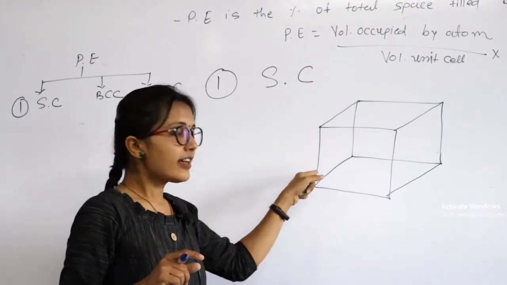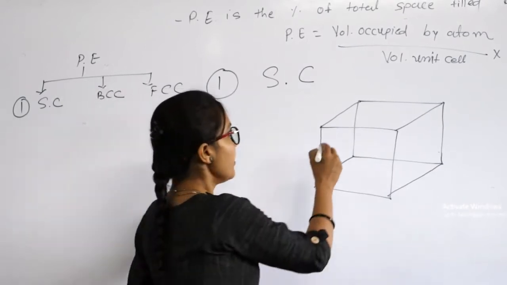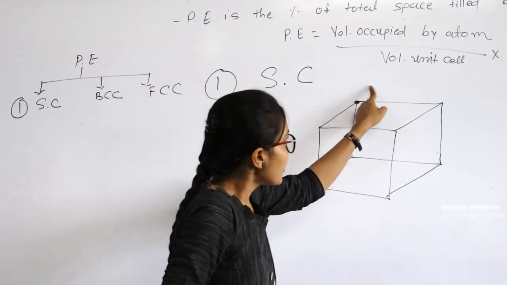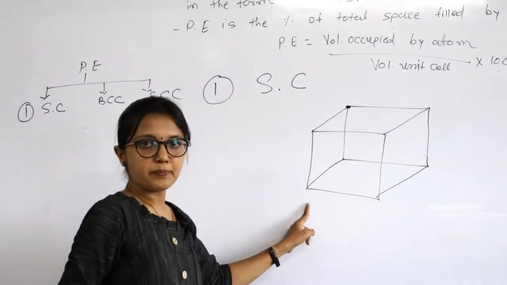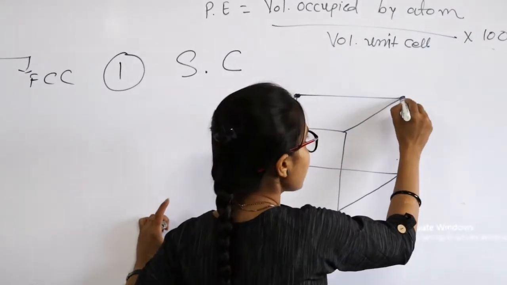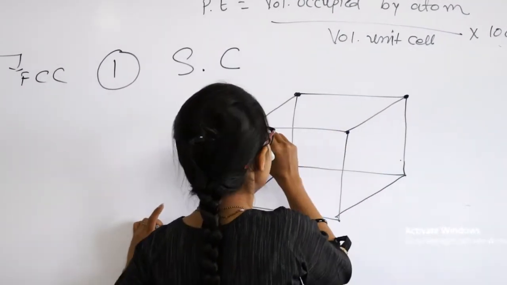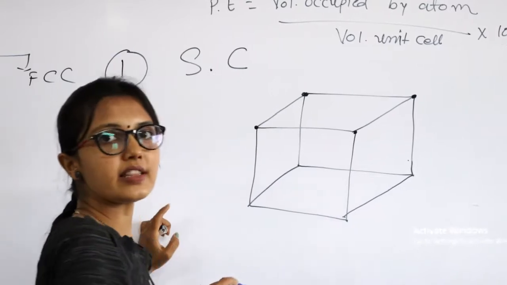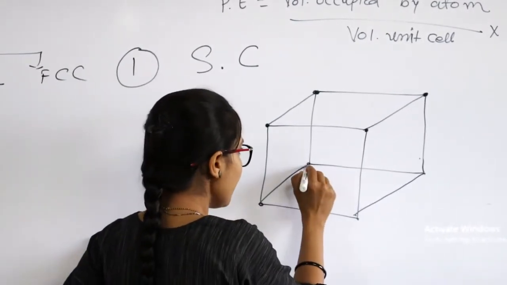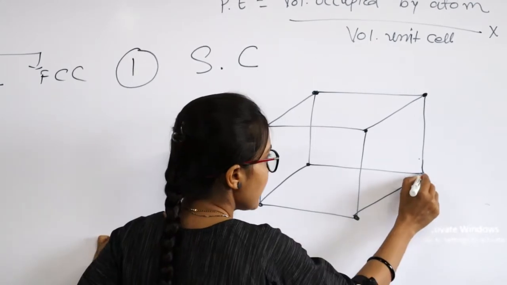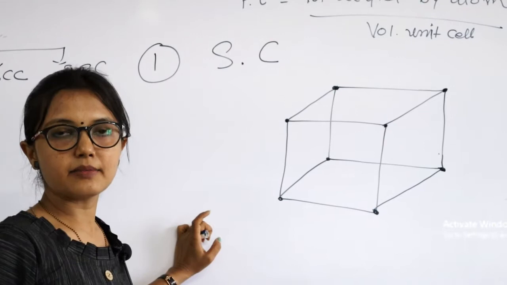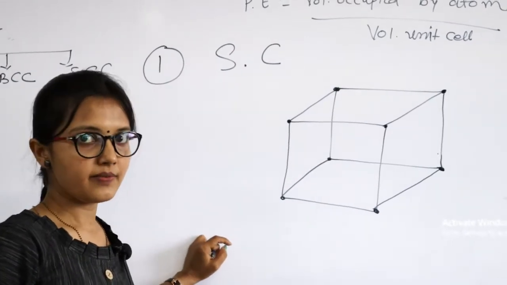There are a total of 8 corners present. Here there are 8 corners in total, and each corner is attached with an atom or particle, and that's why this dot indicates a total of 8 atoms attached at 8 corners.